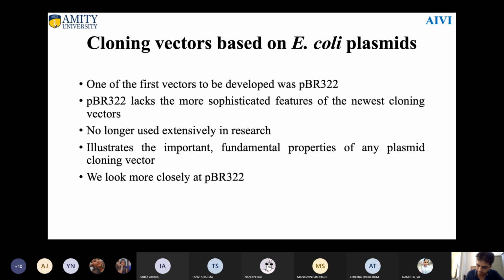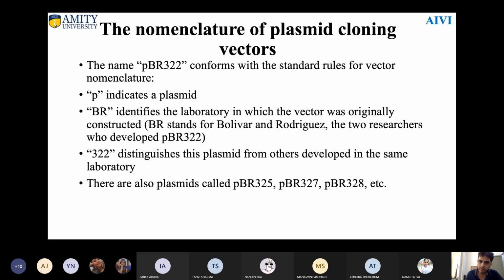And among that, we talked about the first vector developed by Bolivar and Rodriguez, on whose names it's also given, pBR322. And what properties it is going to have, how the name of this vector came about, and that became a practice; in future also, whenever you are naming a vector, we are going to name it in a similar fashion.